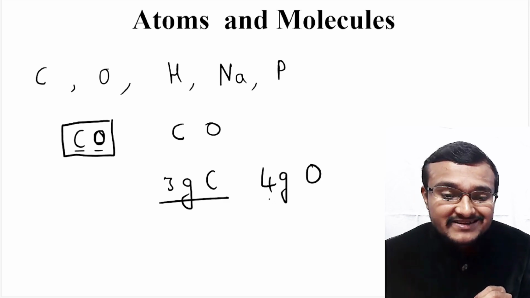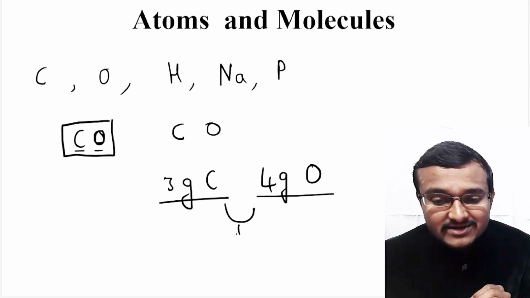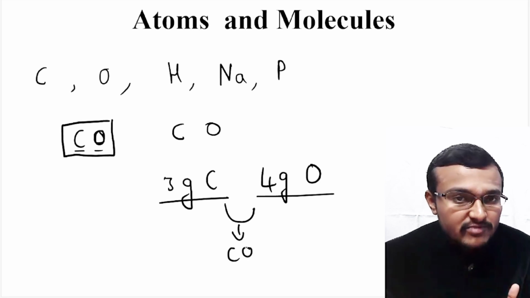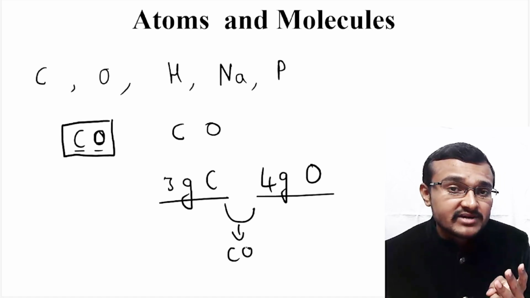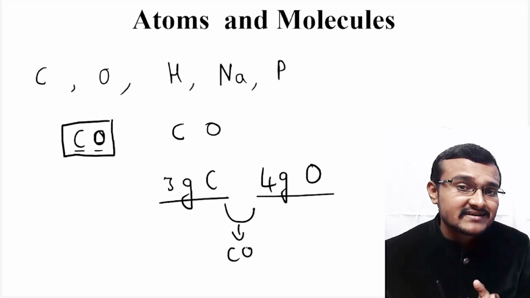So when 3 gram of carbon mixed with 4 gram of oxygen, then you will get carbon monoxide. That means if you are taking 7 gram of carbon monoxide, in that 7 gram of carbon monoxide, 3 gram will be carbon and 4 gram will be oxygen. So this was experimentally calculated.